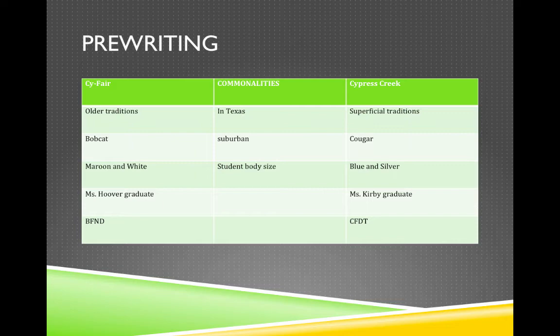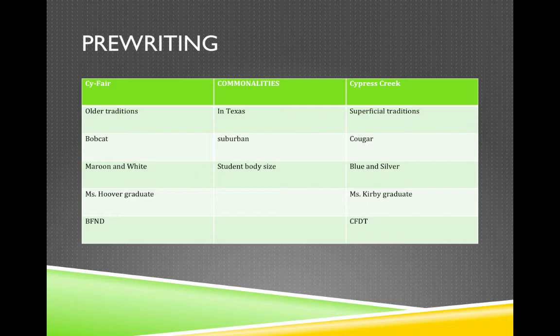Cypress Creek: superficial traditions. You've got Cougar, blue and silver. Miss Kirby graduated in the more recent past, and of course Cougar Fight dies tonight. Commonalities: they're Texan, they're suburban, they have student body sizes that are relatively the same. So we set up a Venn diagram to get us started on pre-writing.